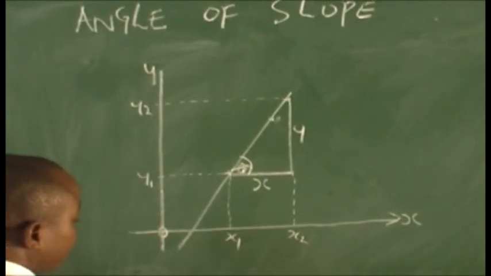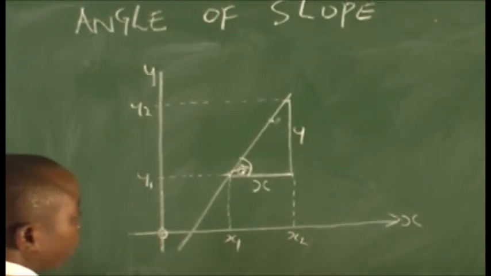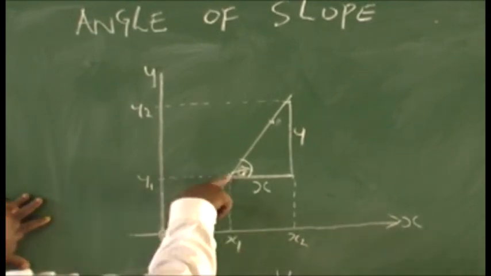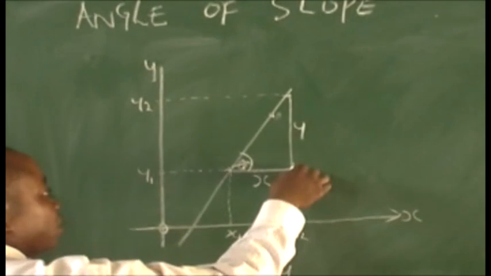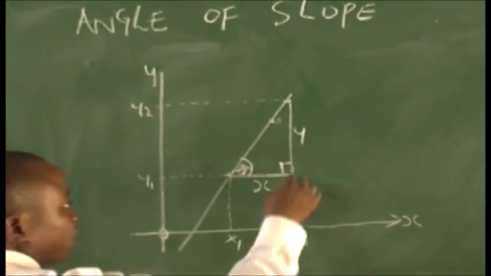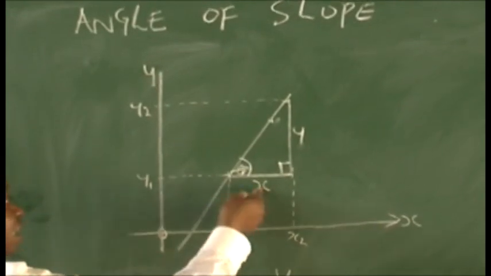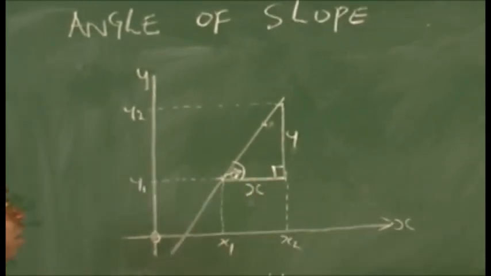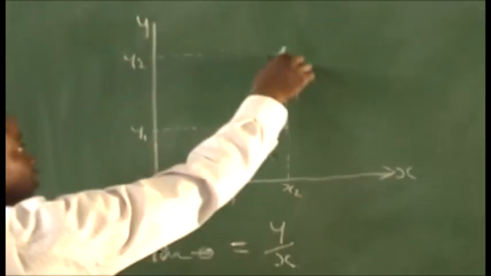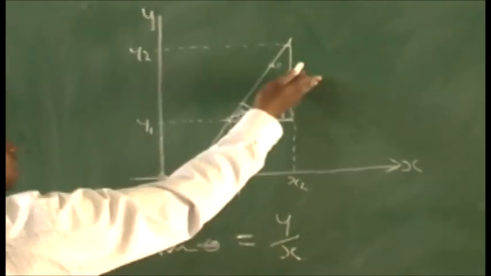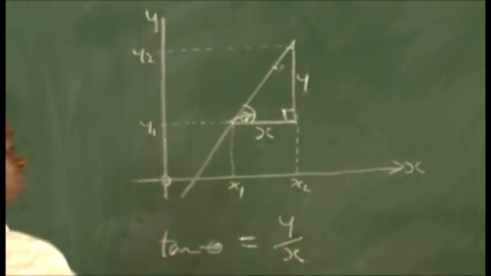So now that angle theta, tan theta, we say tan theta is equal to y all over x. How? Because this is opposite. Now this is right angle triangle. So this is opposite all over adjacent. This is adjacent to this theta, and this is opposite. Y here is the hypotenuse. So opposite all over adjacent will give us tan theta.